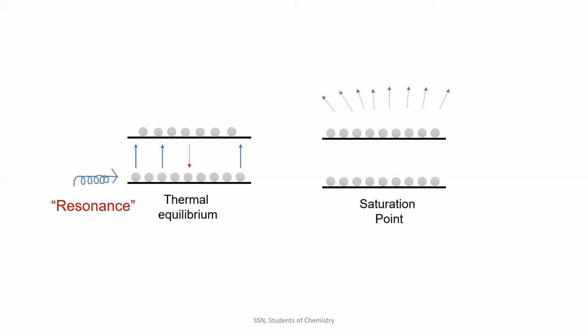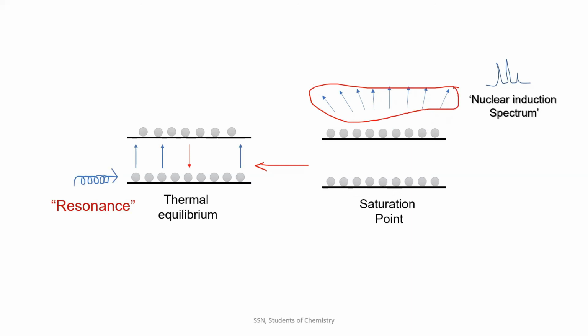If we induce them to emit the energy which they absorbed by the resonance phenomenon, they will come back to the lower energy level and thermal equilibrium will be restored. We can observe this as a nuclear induction spectrum. We are inducing the particles to emit some energy, that's why this is called the nuclear induction spectrum. Later we called it the nuclear magnetic resonance spectrum.